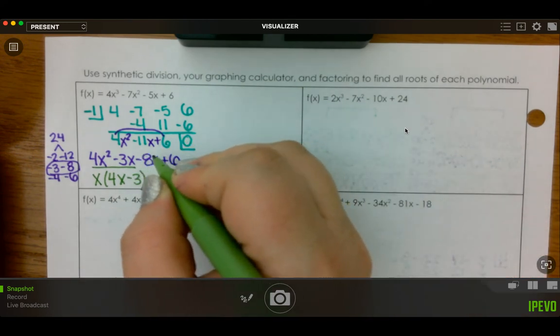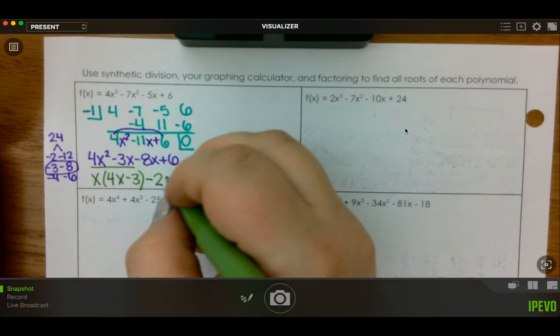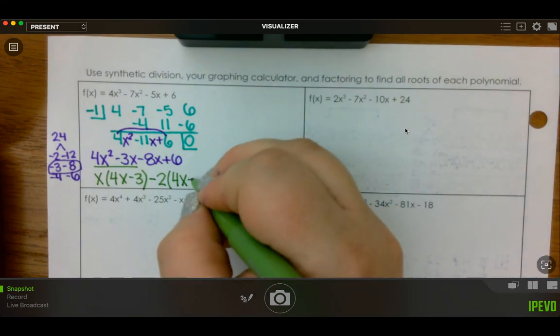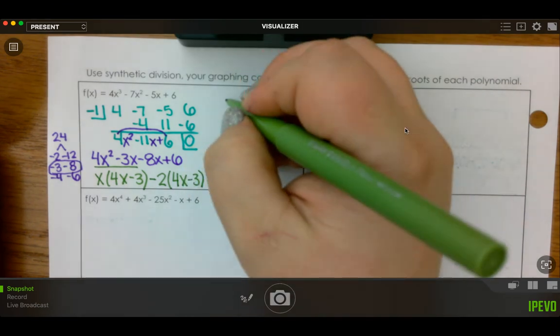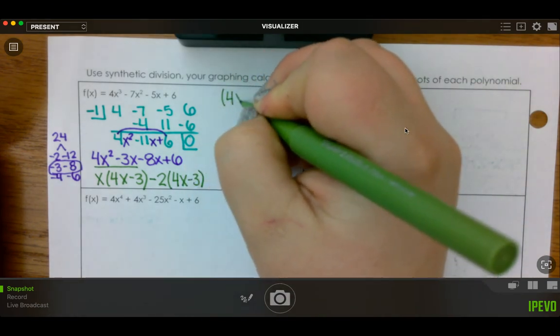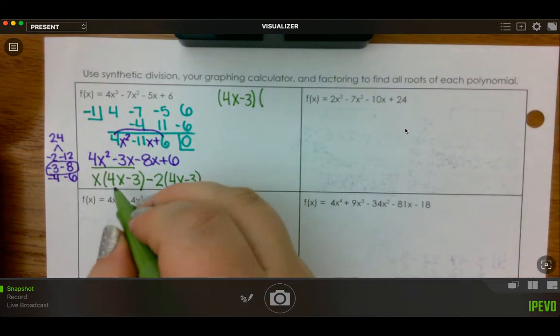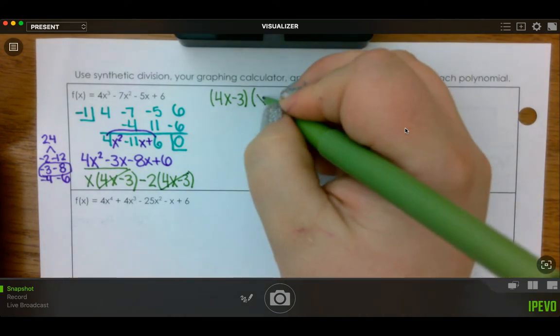Since I don't want this one to be negative, I'm going to actually make that a -2, which will turn it into 4x. And 6 divided by -2 is -3. So my 2 parentheses match, meaning 4x minus 3 is my first factor. And the outsides, or what's left if I cross those out, is x and -2, or x minus 2.